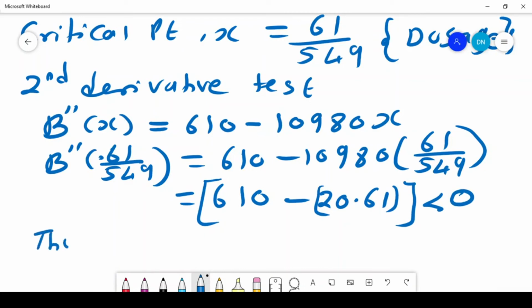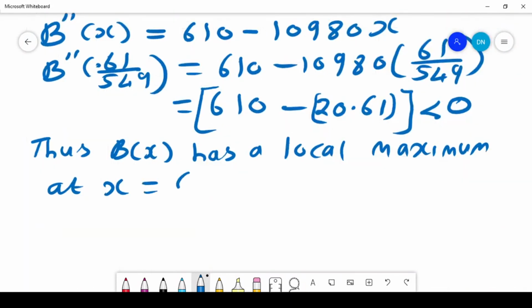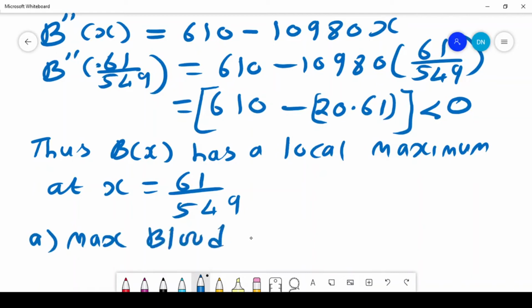Then we know that B(x) has a local maximum at that value that you've been given, x is equal to 61/549. So to answer the question, the first part is the maximum BP, that is maximum blood pressure. That will be gotten from the computations.